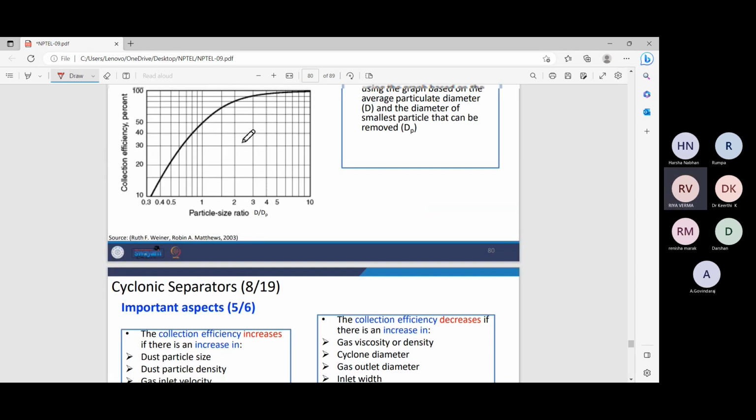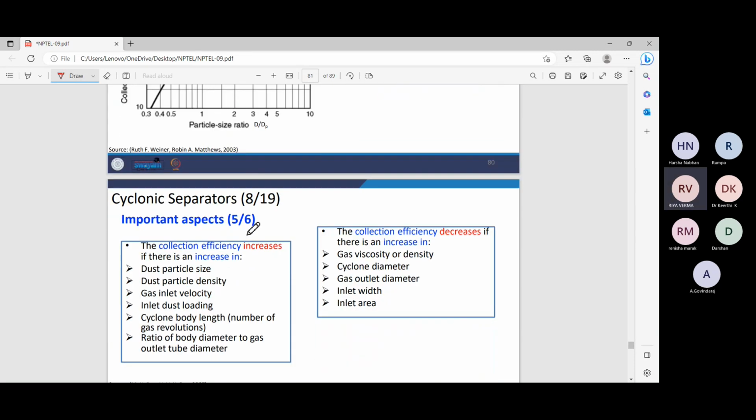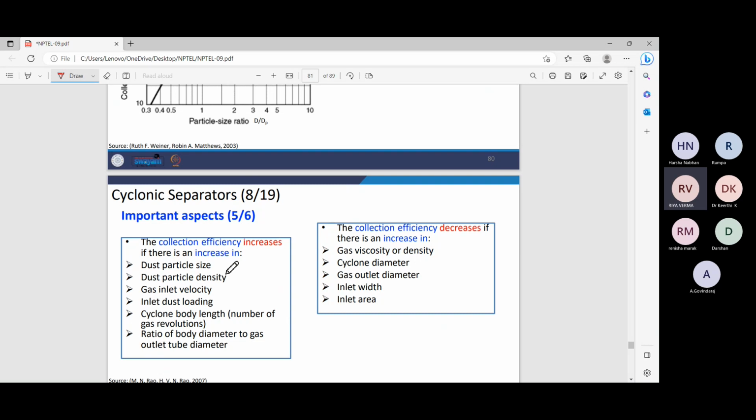So you can clearly see, as this particle size ratio d by dp increases, the collection efficiency generally increases. So the collection efficiency increases if there is an increase in the dust particle size and the dust particle density. Also, as the inlet gas velocity increases, the collection efficiency increases. The inlet dust loading, as it increases, the collection efficiency also increases.